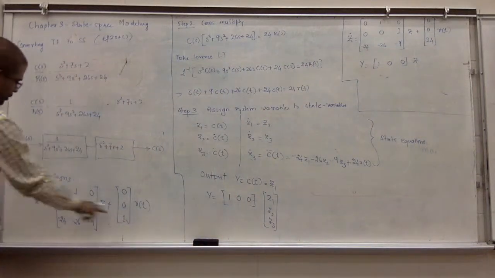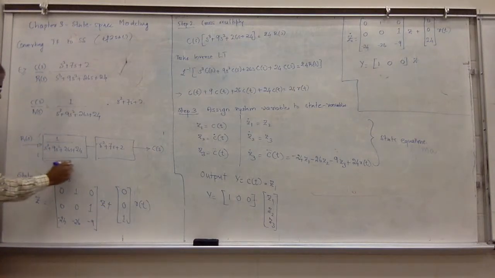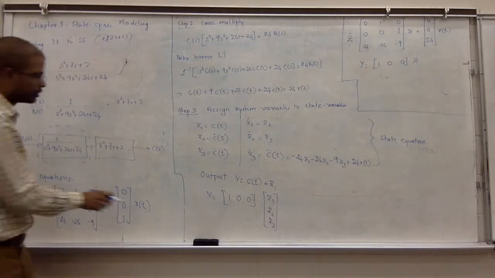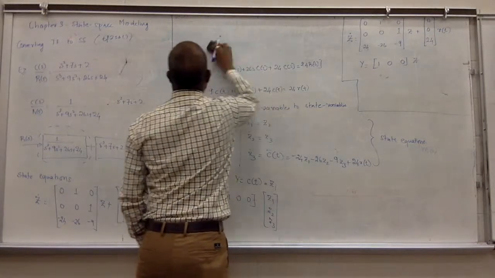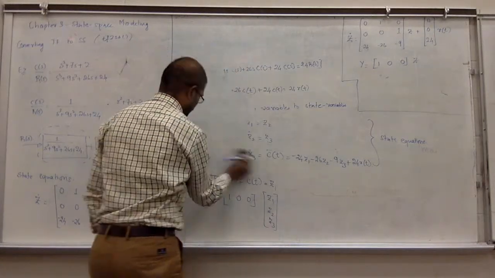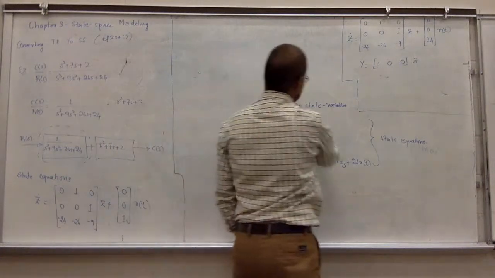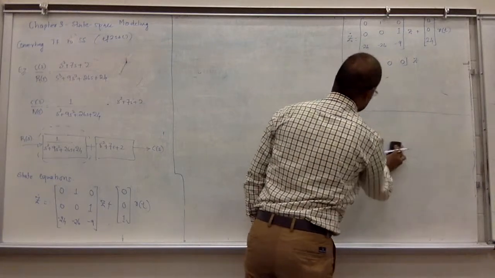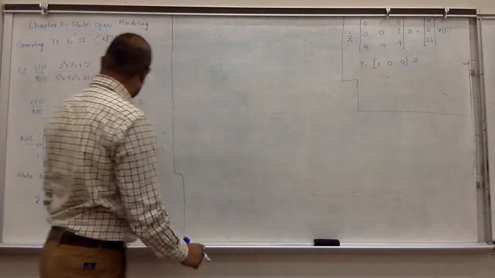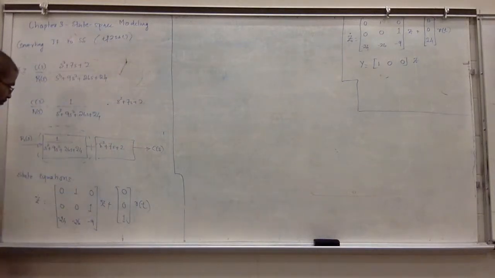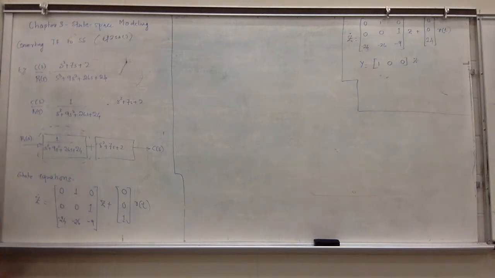So what you do is this, now it becomes 1. So the state equations for this becomes 1. And what you do is, you write your output equation here. So that's what changes here.